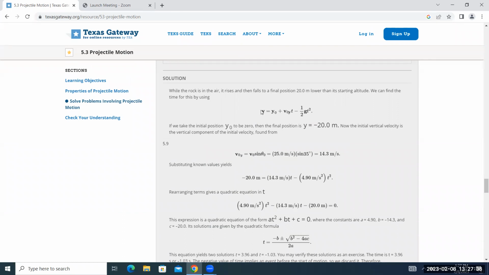We want to know what our maximum altitude was, so our final position we don't know. We know our V0, we just found that. We know how long it took to go that far, so we plug in our t, and we know our acceleration due to gravity, so we plug that in. That's going to tell us the time it takes to get to our final y position. Well, we already know the time, so using that time, that's going to solve for what this position is.